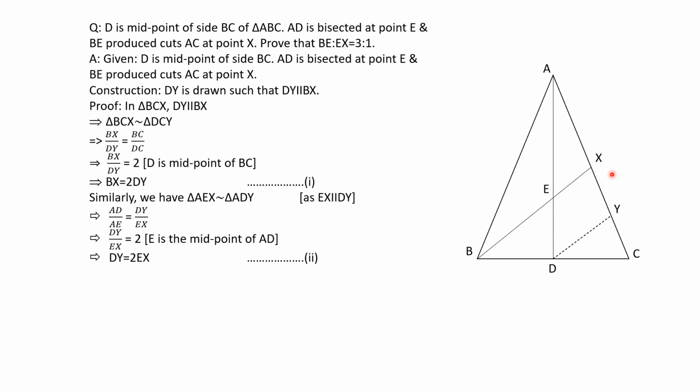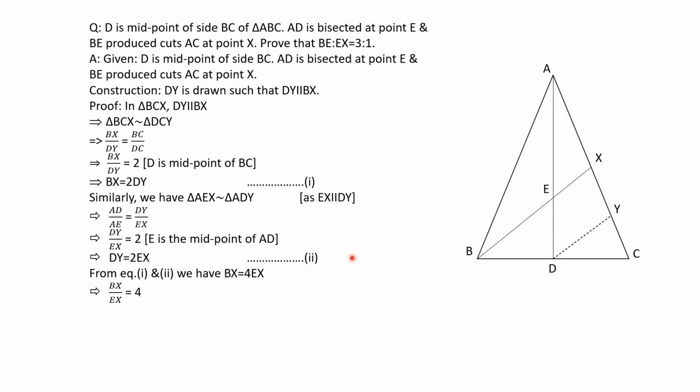Or this implies DY equals 2EX, twice of EX. Let this be the second equation. So from equations 1 and 2 we have BX equals 4EX, because BX equals 2 DY and DY equals 2 times EX. So this implies BX is 2 into 2 times EX, which is 4EX.